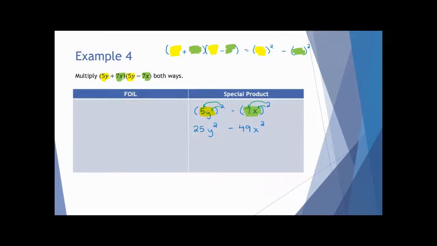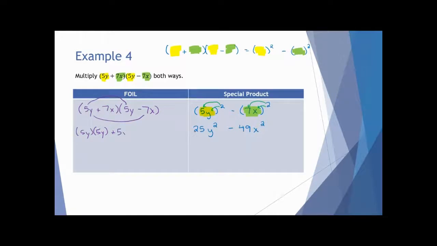So now that we've gone through the special product, I'm going to do the FOIL. I'm going to rewrite it so I can show the FOIL part. You can see that we get the same answer. I had the first terms multiplied, so that's 5y times 5y.